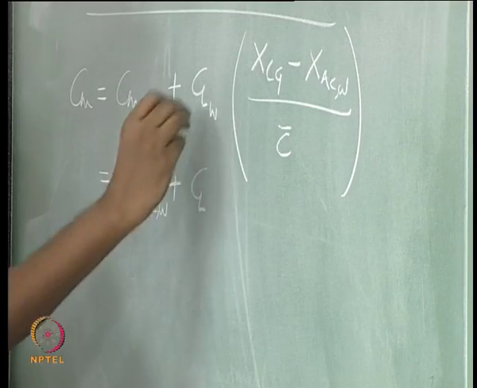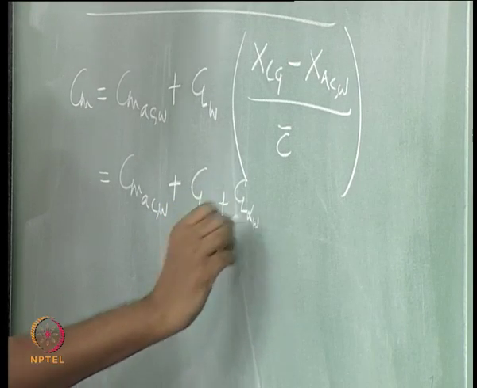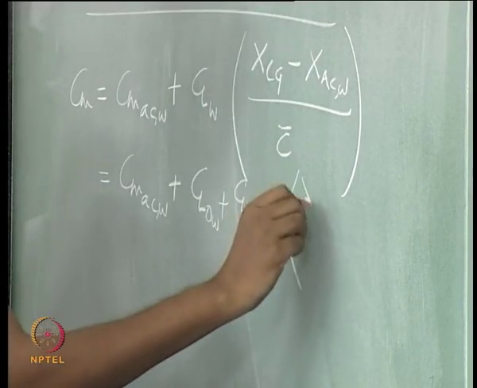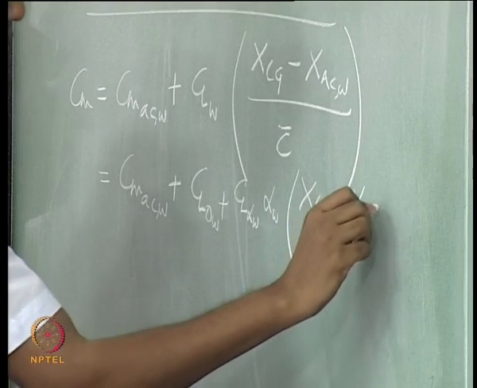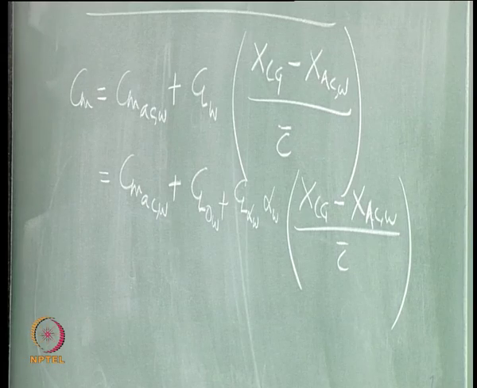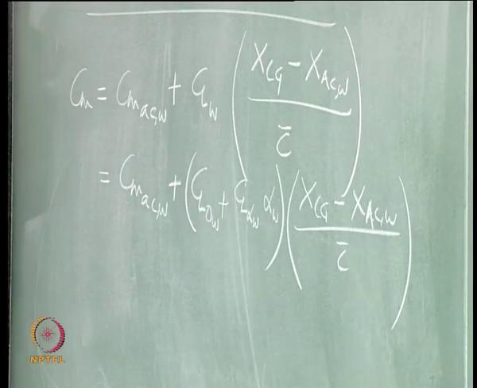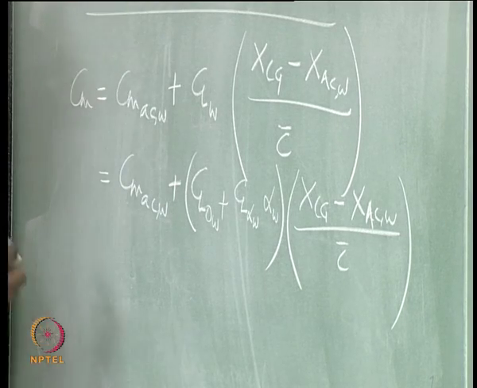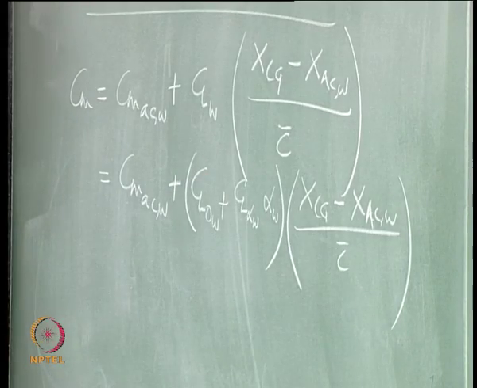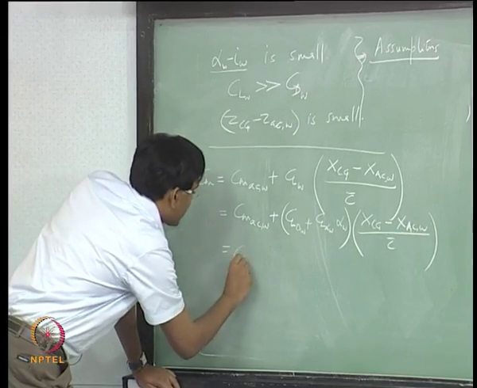So, the CLW is CL0W plus CLalphaW into alphaW. So, now there is one term which is depending upon the angle of attack, the other one which is not depending upon angle of attack. So, let us try to separate them.